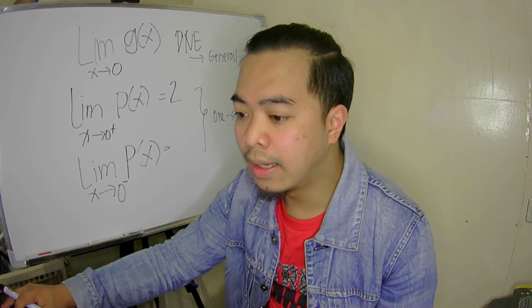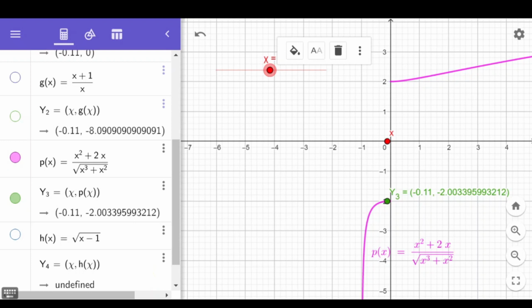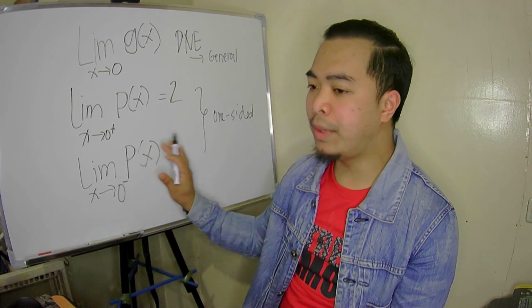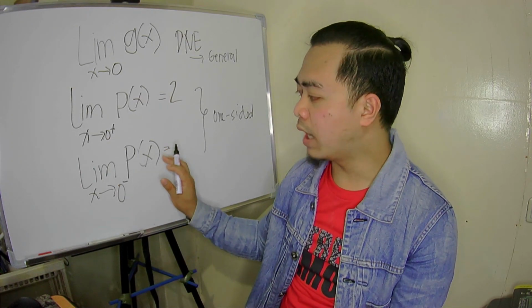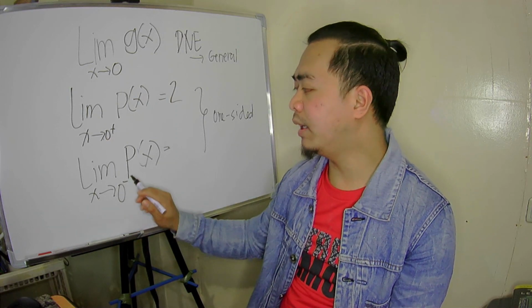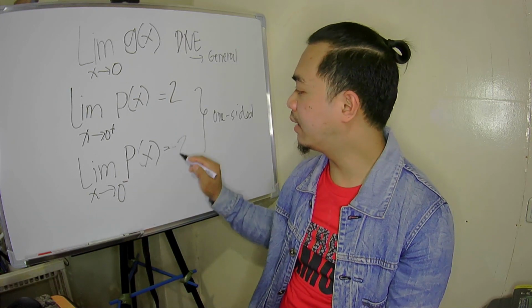This time, the graph is approaching negative 2. Ang klaro dito sa graph, no? Hindi siya nag-a-approach sa positive 2. Nag-a-approach siya sa negative 2. That's why we write the limit of p of x. This is our third function now. If x is approaching 0 from the left, our answer is negative 2.